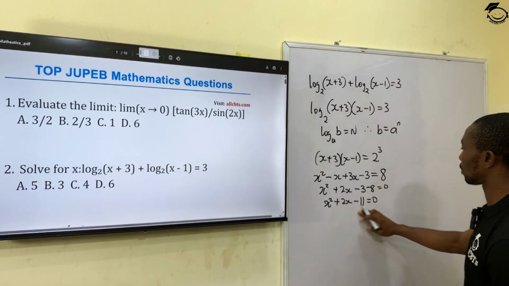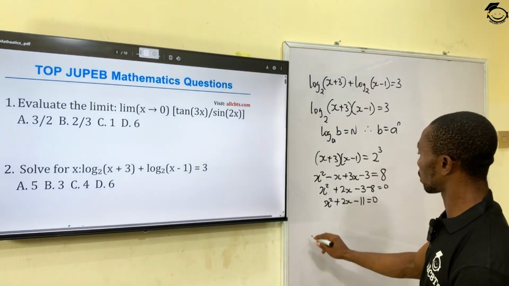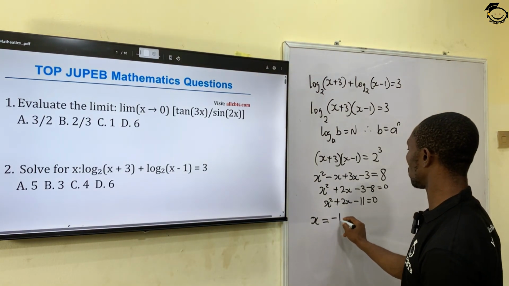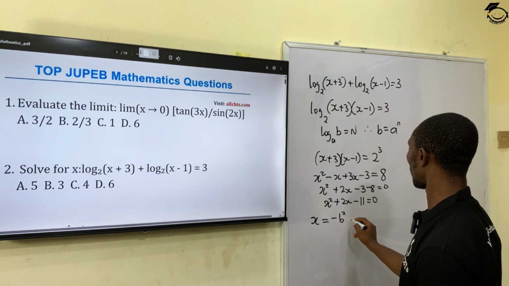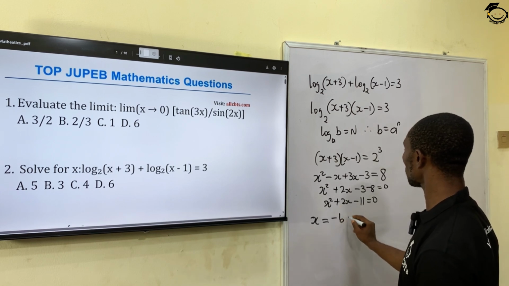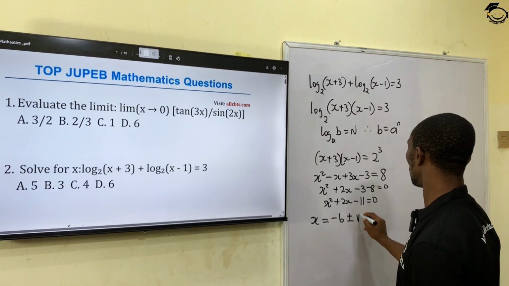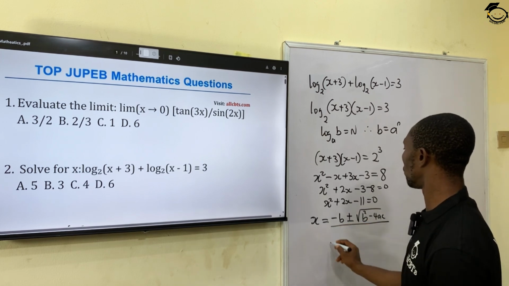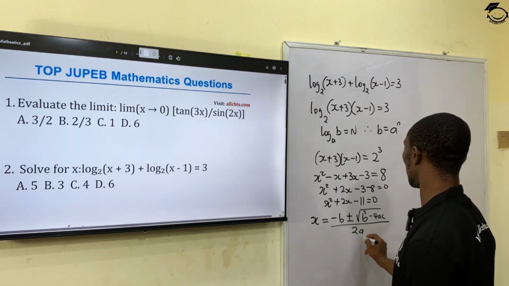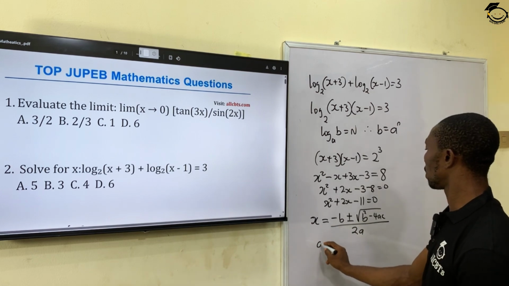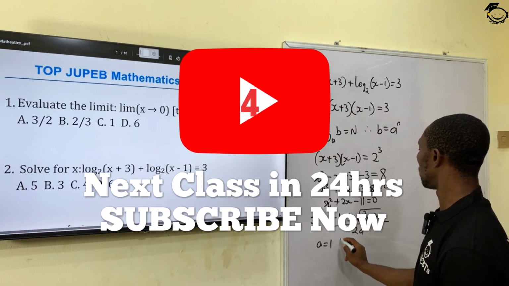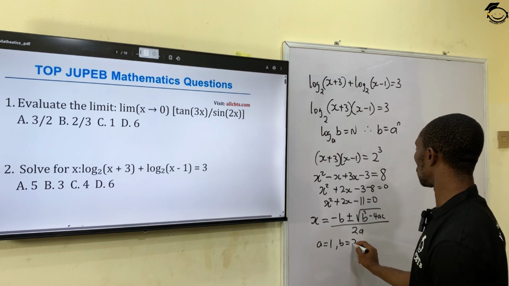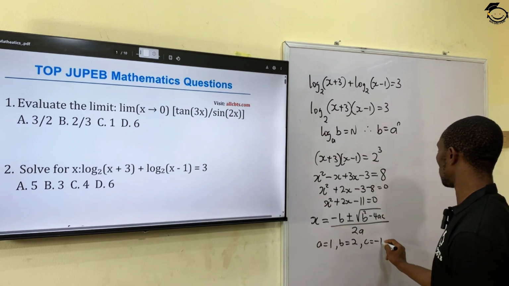Now we are going to solve this equation using our quadratic formula, which says that x equals minus b plus or minus root b squared minus 4ac, all over 2a, where a is 1, b is 2, and c is minus 11.